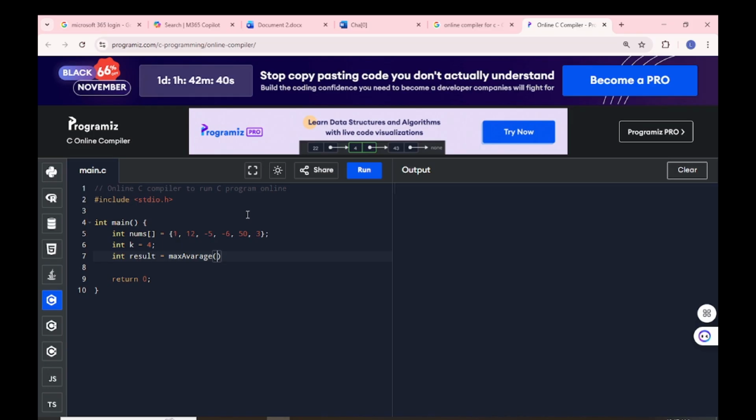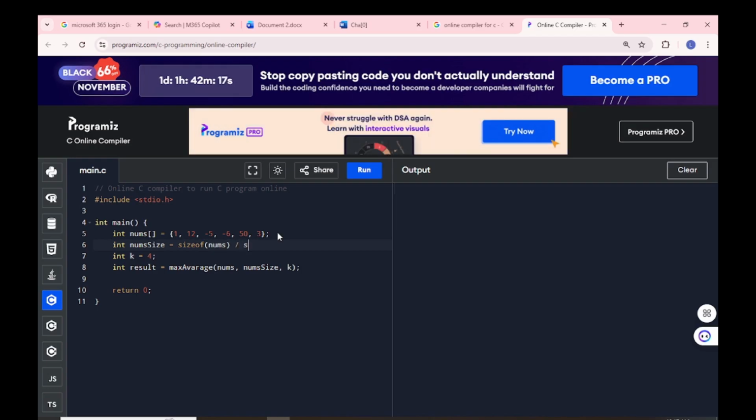Let's just name this like this. Okay, nums and num size and then k, right? So here we will provide num size equal to size of, we're going to revise, okay guys. nums 0.